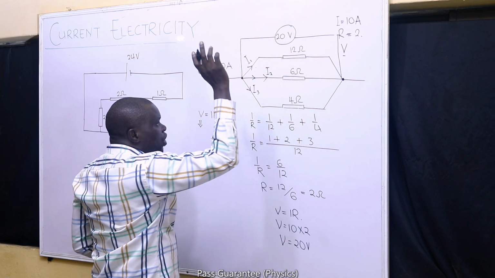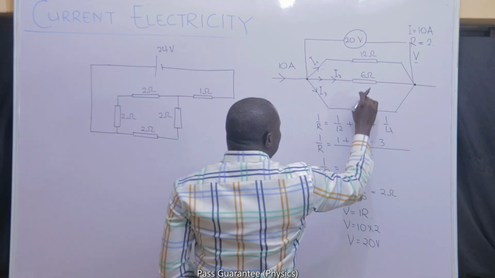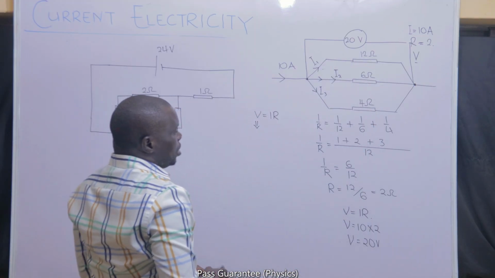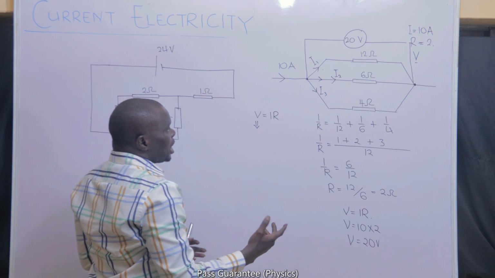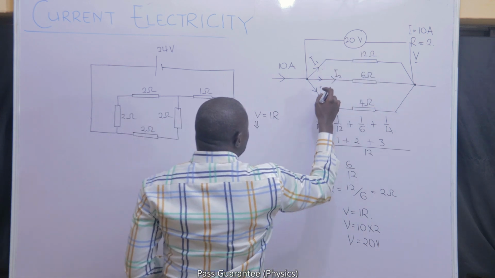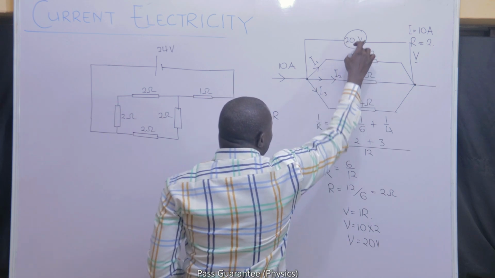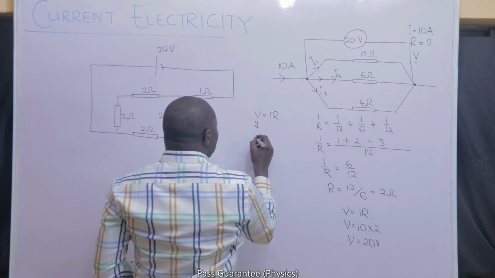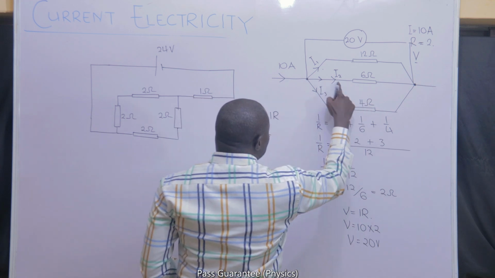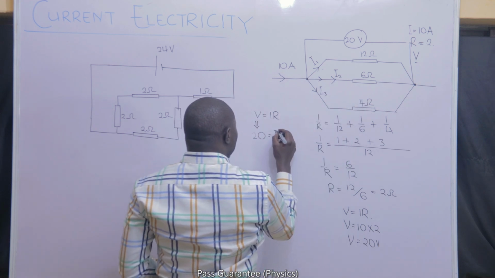Why? I told you earlier that when resistors are in parallel, they will have the same voltage applied across their ends. So I know the voltage of 6 to be 20. I can also use it for 12, and I can also use it for 4. So 20 is equal to the current across 6, which is I2. That's what they want me to find.